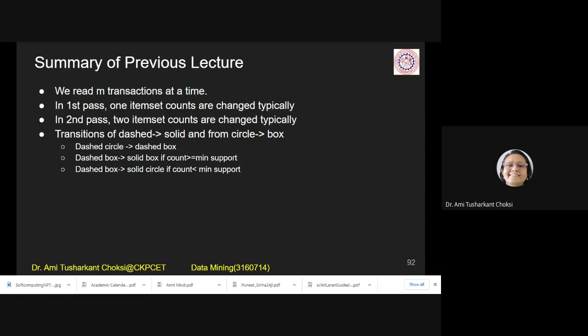So graphically we will be calculating the example for this particular algorithm, that is DIC.